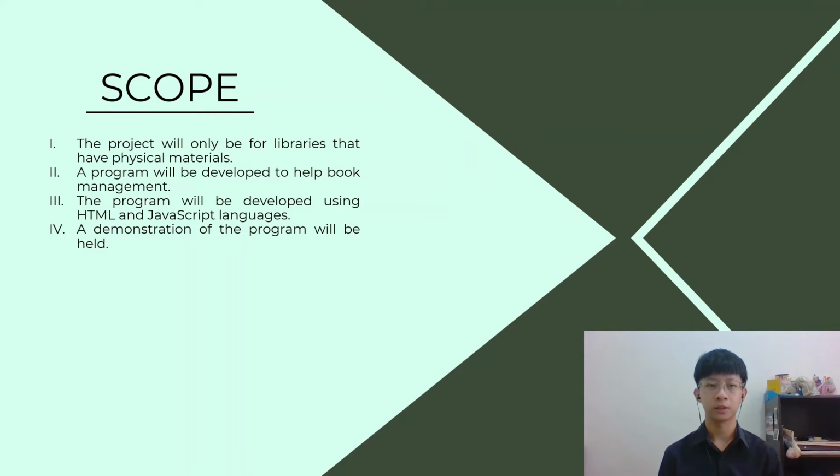It will help the librarian to store and arrange the books. Thirdly, this program will be developed using HTML and JavaScript, where HTML is made for the front end of the web system and JavaScript is made for the functioning of the website. And fourth, a demonstration will be held to show how the program works.